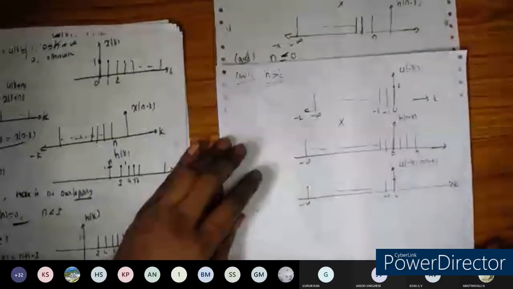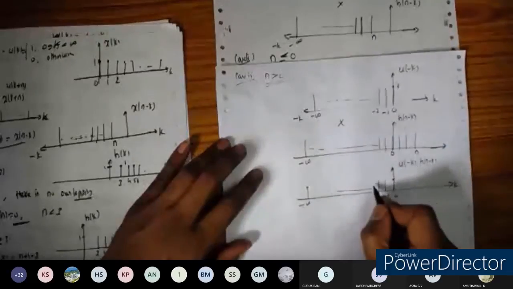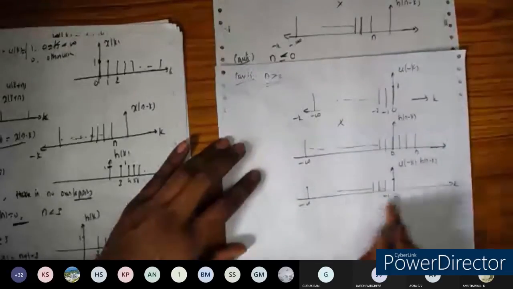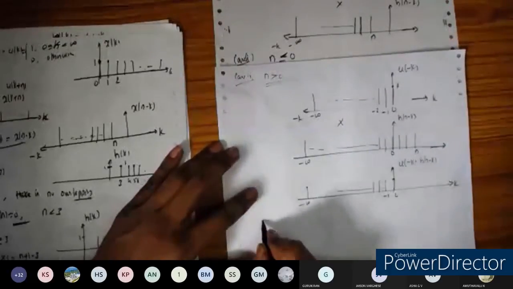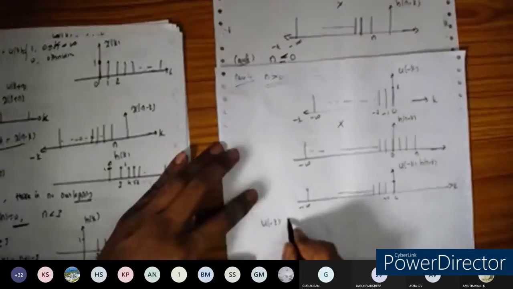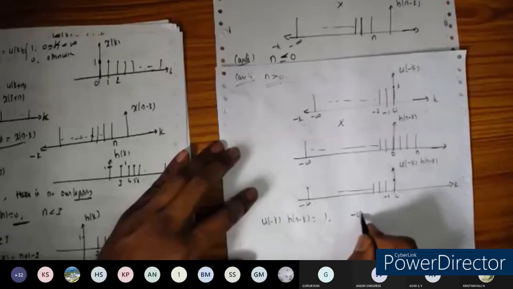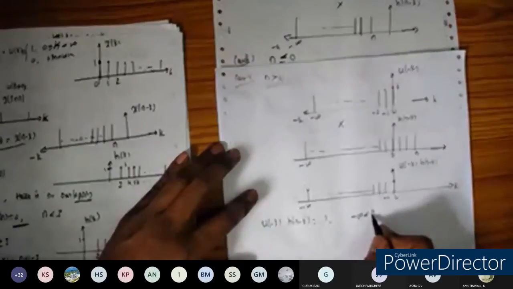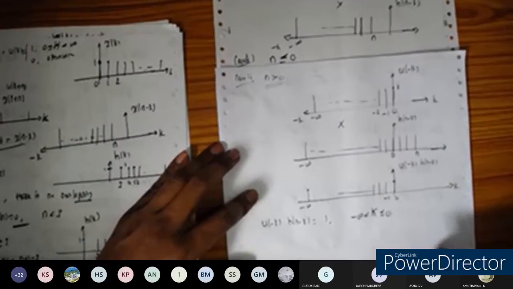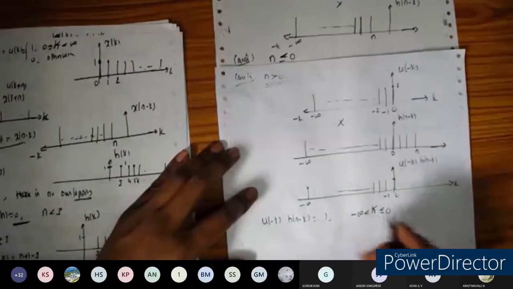Yes, sir. Okay. So u of minus k into h of n minus k will be equal to 1 for minus infinity less than or equal to k less than or equal to 0.